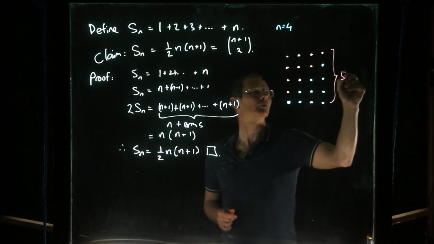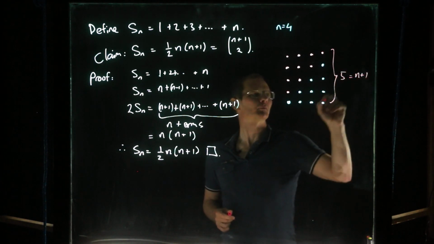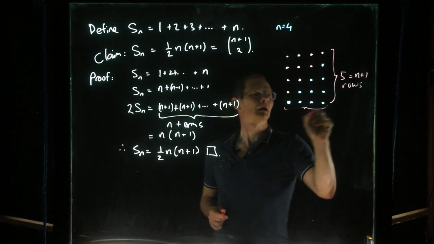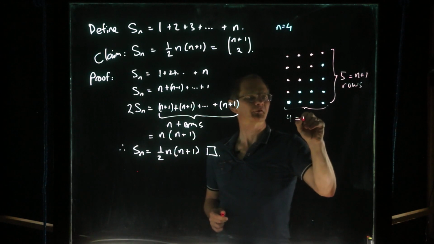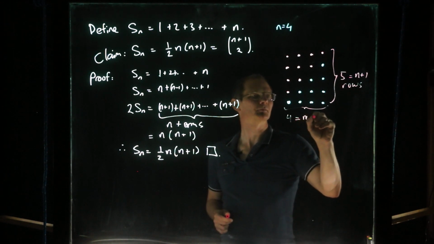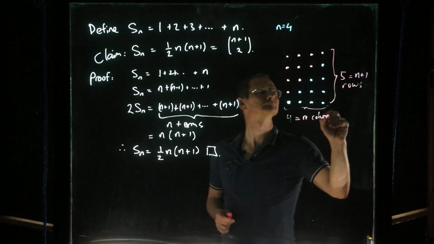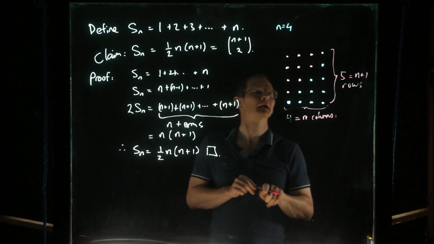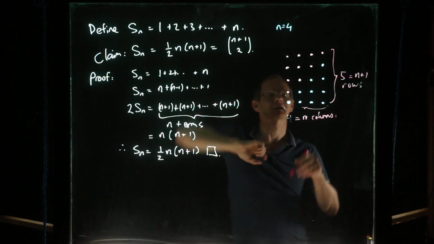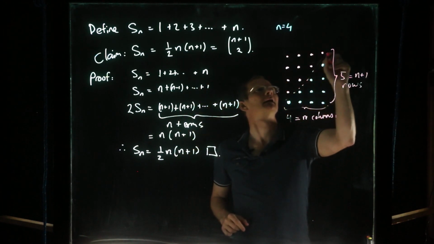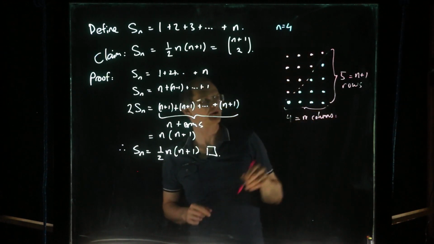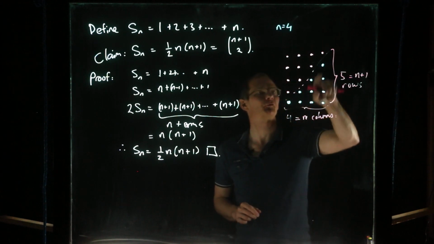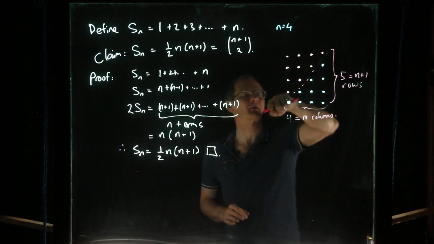Okay, so now what we see is that when we draw it this way, we've got 5 rows, which is n plus 1, and 4 columns. That's essentially n columns. And remember, the dots above this dotted line here, that's Sn, and the dots below the line, that's Sn, because this is 1 plus 2 plus 3 plus 4 below the line, 1 plus 2 plus 3 plus 4 above the line.